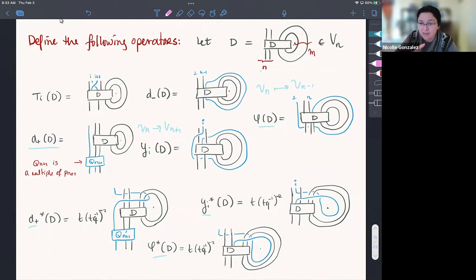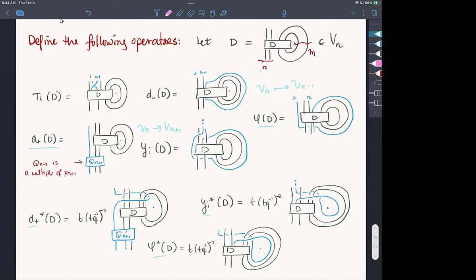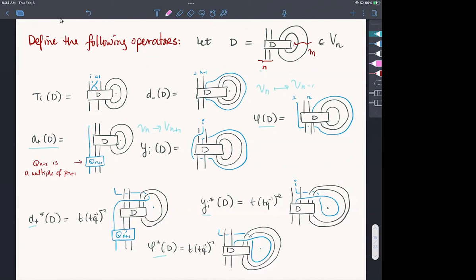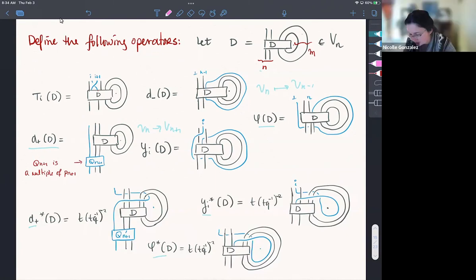Let me answer Louis' question first. So the answer is not that I'm aware of. I don't have pictures for it that don't involve crossings. And that's in some sense intentional, because our goal for this was to categorify it later on. There was another question about whether there's a canonical basis for this.